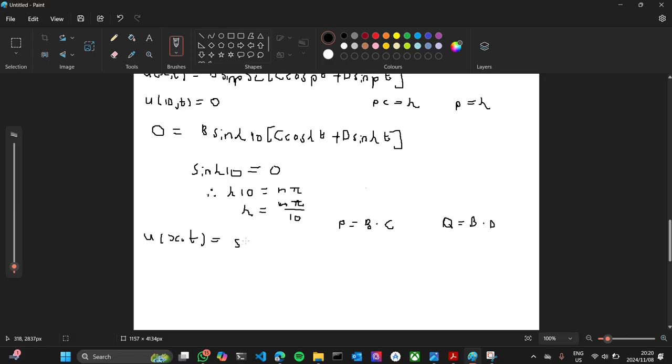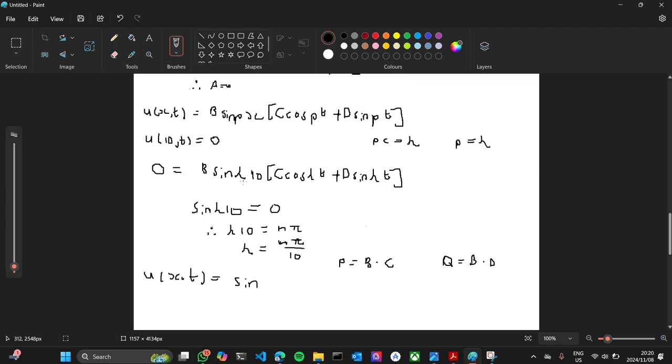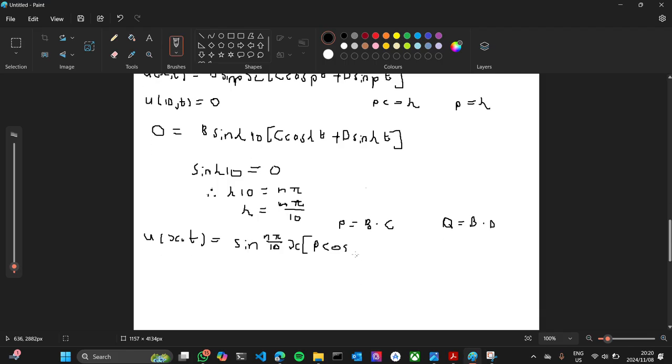So then we've got sine of now no longer lambda, but n pi over 10 multiplied by x right here. And then inside our brackets, we've got P, this constant here, cosine. Let me copy this.